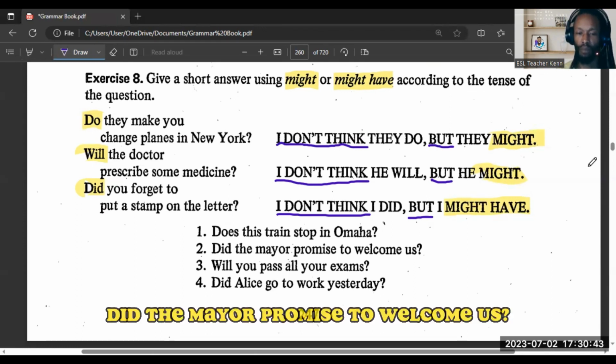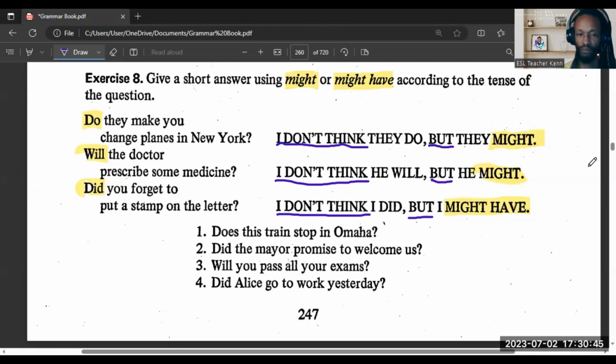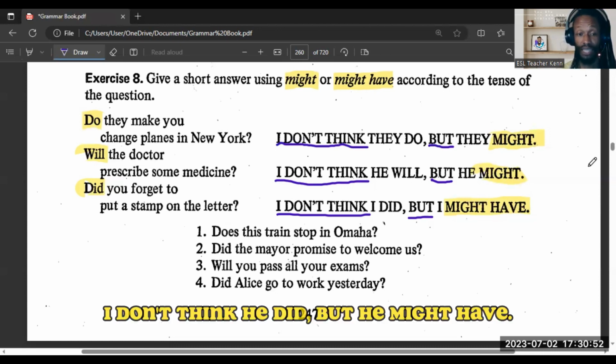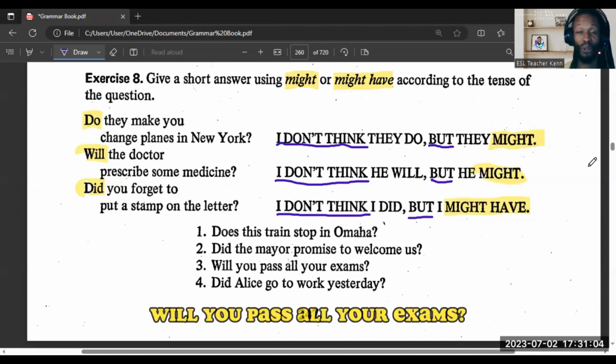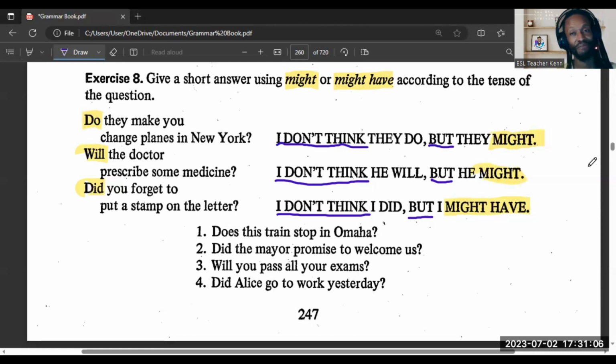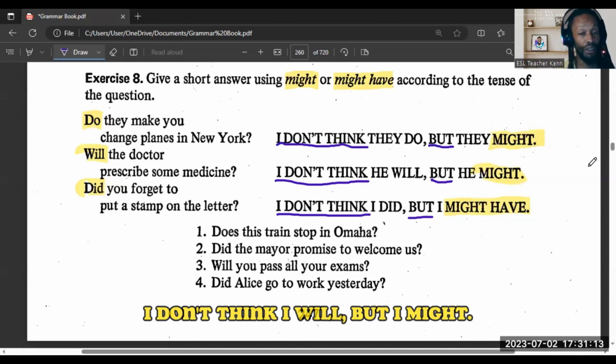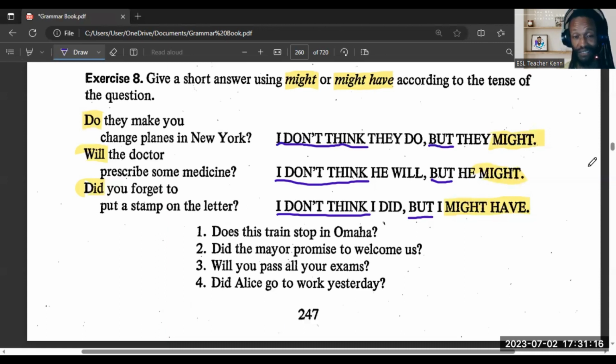Did the mayor promise to welcome us? I don't think he did, but he might have. Will you pass all your exams? I don't think I will, but I might.